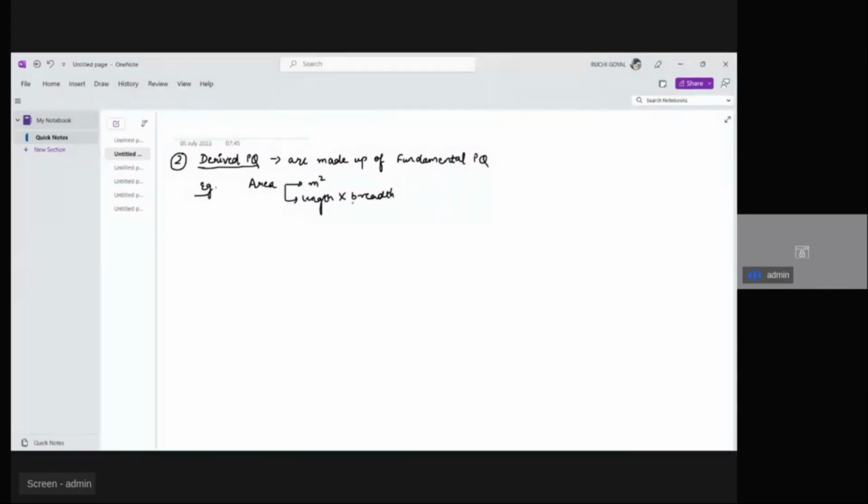That means length into length, meter into meter, meter square.